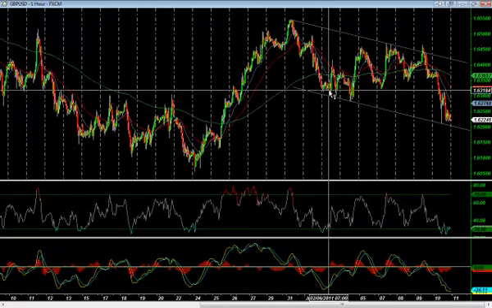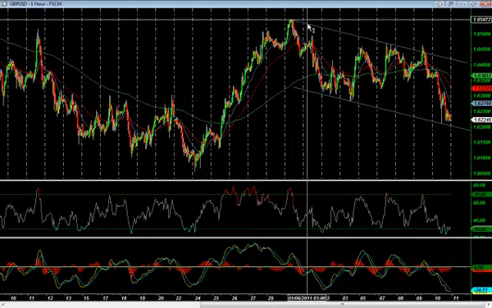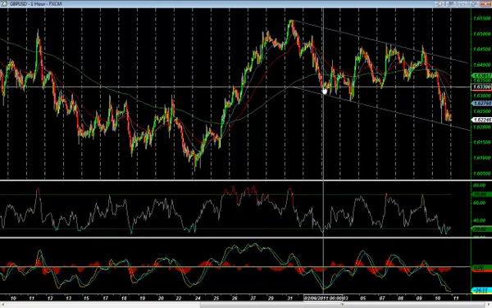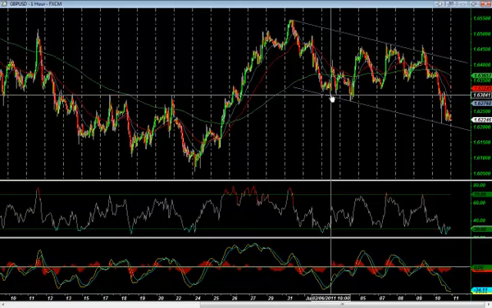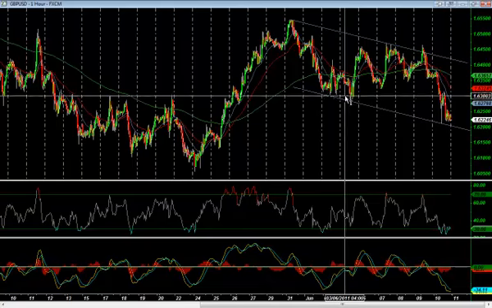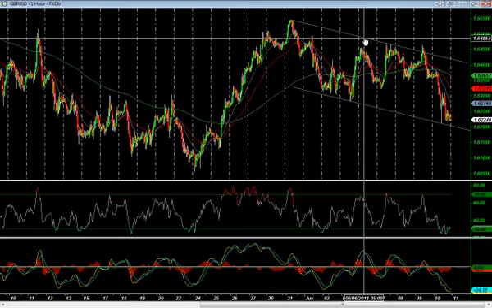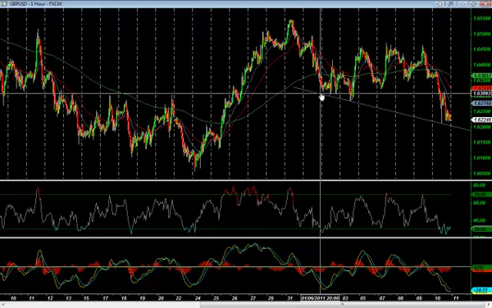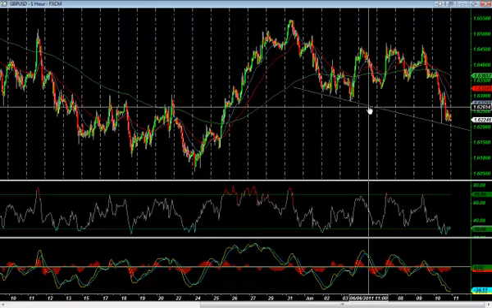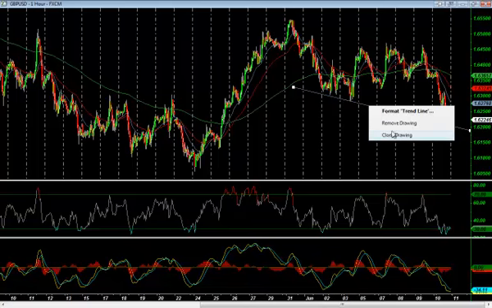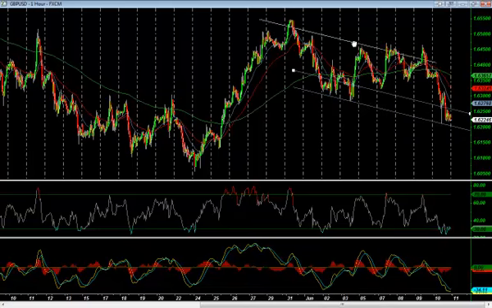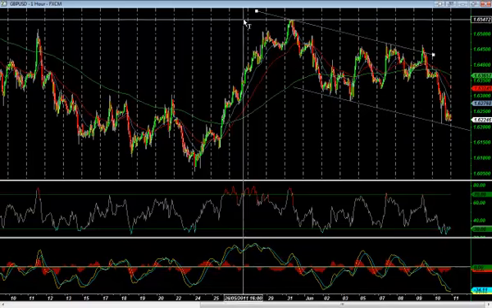If we took this here, for example, you've got your 2 points of reference: a touch down here at this point, and a touch down here. What you can do is take your trend line here, copy and paste that, and place it at a previous swing high.